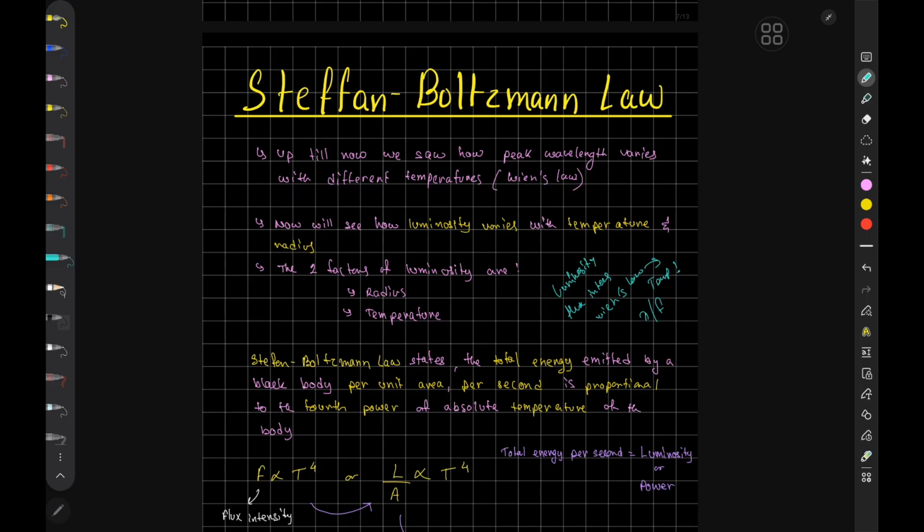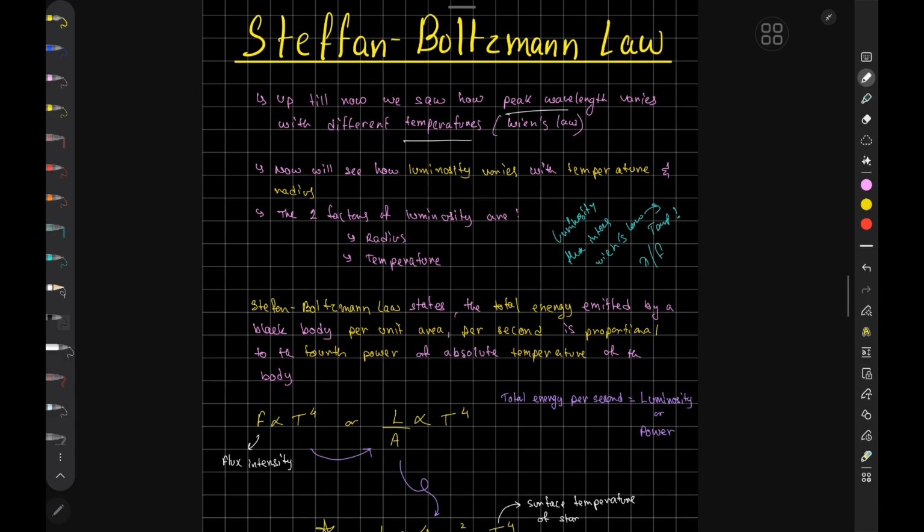Now we're going to bring in more variables, and we want to figure out more information about the stellar objects we are analyzing, especially stars. So we saw that the peak wavelength will vary with a different temperature.